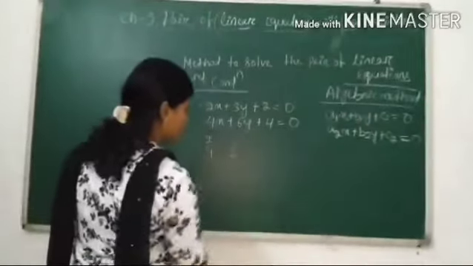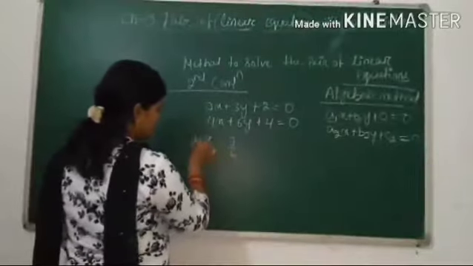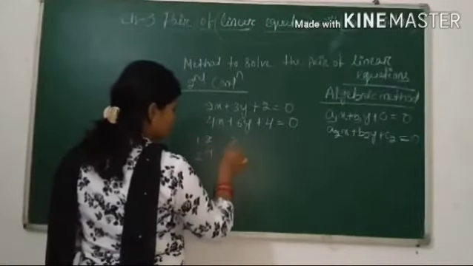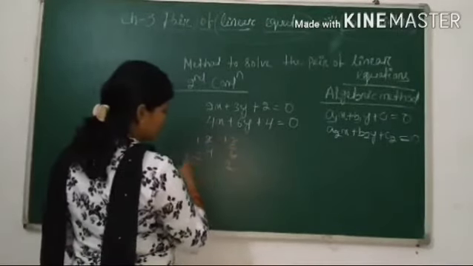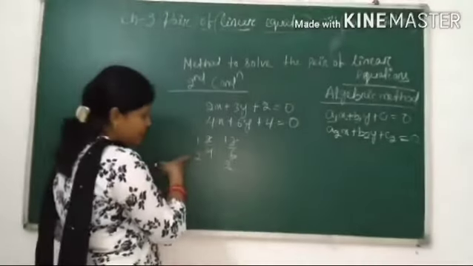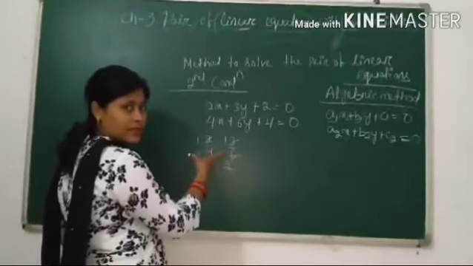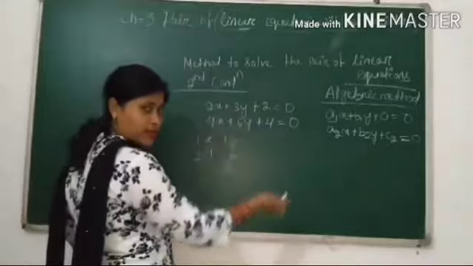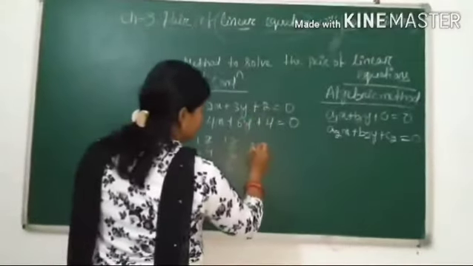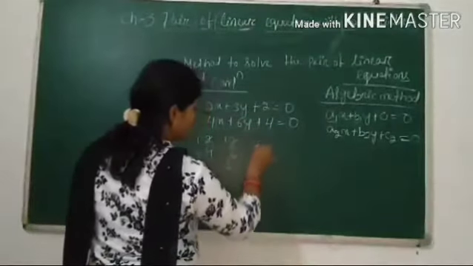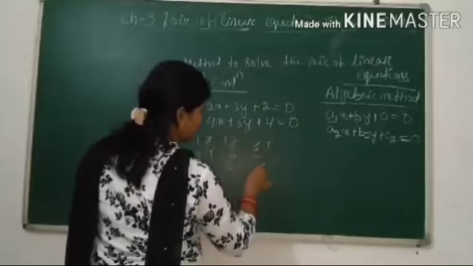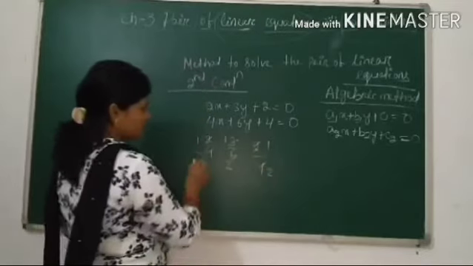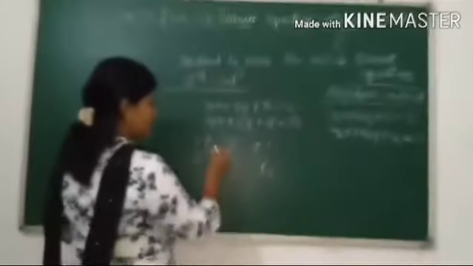Then after that you have to go to the third one. Here 1, 2. Here 1, 2. So here I am getting 1 by 2. Here also I am getting 1 by 2. So I have to go further. So here 2 by 4, 1, 2. So these three are equal.